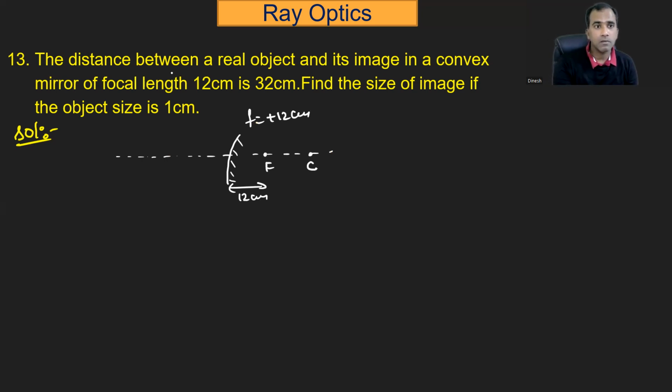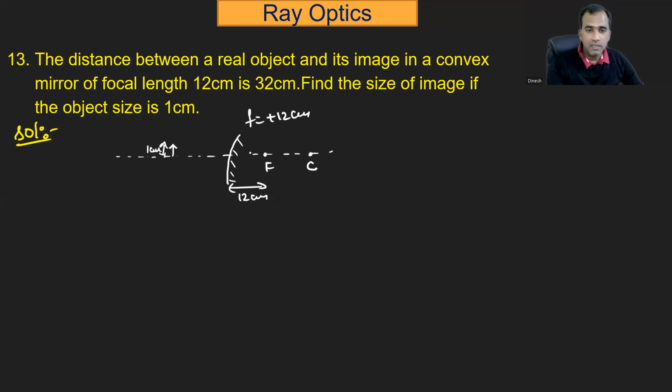So the real object is placed here and its height is given as 1 centimeter. If they don't use the words along the principal axis or longitudinally, it means by default the question is about the object placed perpendicular to the principal axis.